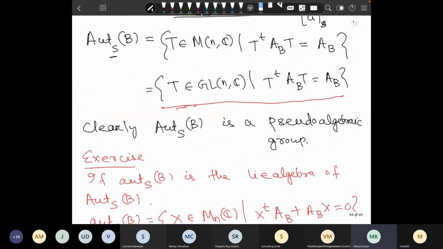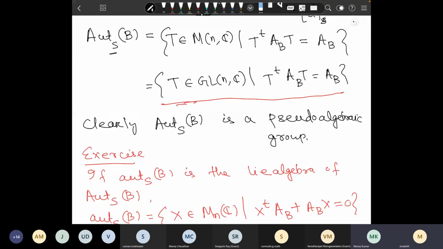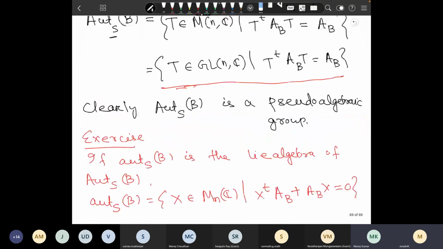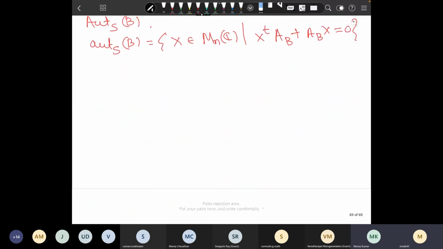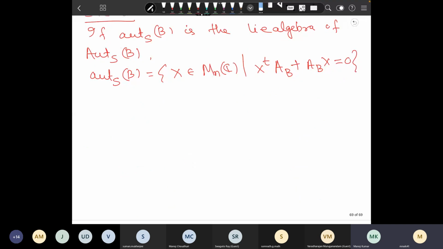If you change this basis S to S prime, then you will get a conjugate of this thing. But for clarification, in the beginning I have written Aut_S(B). That's all.